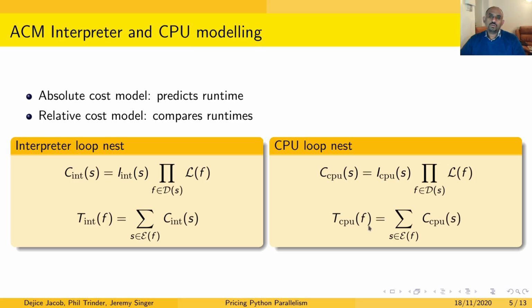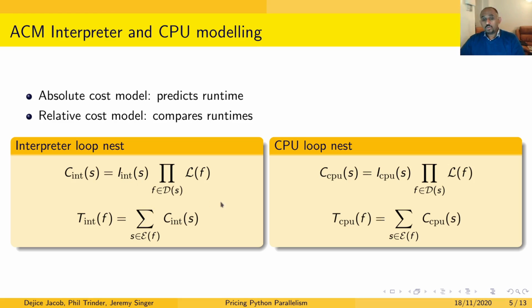So how do we model this? Now, ACM is a relative cost model. It doesn't predict the actual total time. It only compares runtimes between the different costs that come out for each of these devices. Let's assume a statement S inside a loop nest has an abstract cost I interpreter.